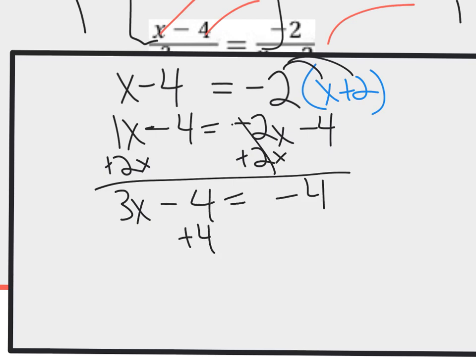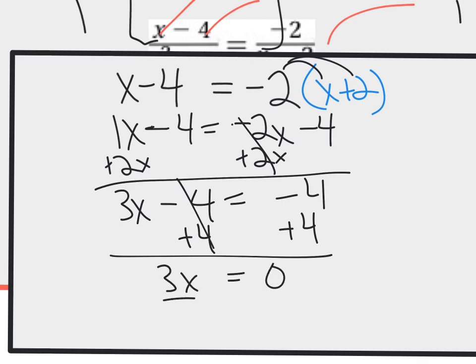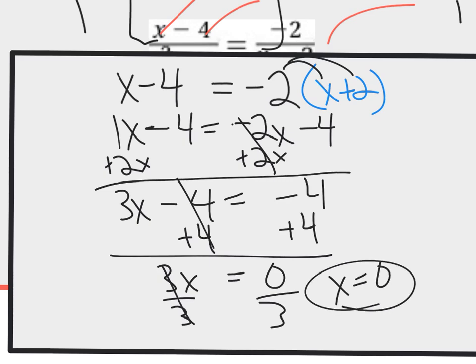Then we can add 4 on both sides and divide by 3. And so x equals 0.